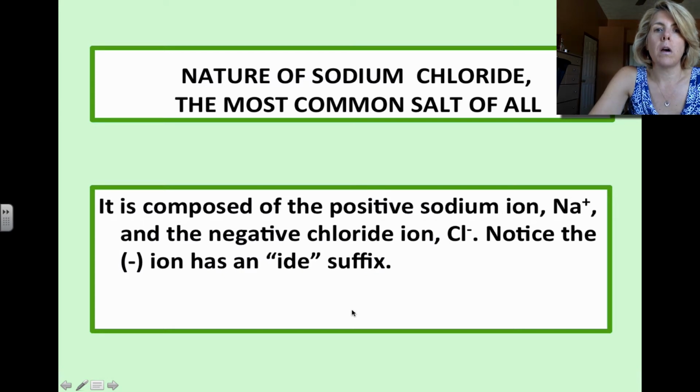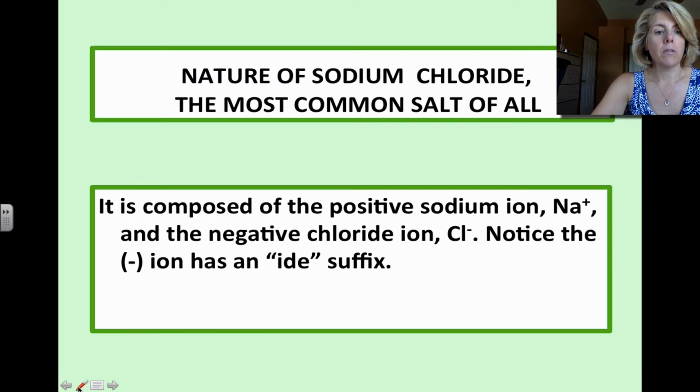Okay, so sodium chloride. We see sodium chloride everywhere. If you look at all the labels of the foods that you eat, you're going to find lots of foods contain sodium chloride. They know now through a lot of research that our taste buds respond very well to salt. And you may notice that a lot of the processed foods that you purchase have a lot of salt in them because it makes it taste better.